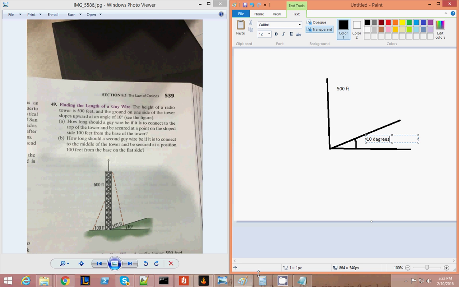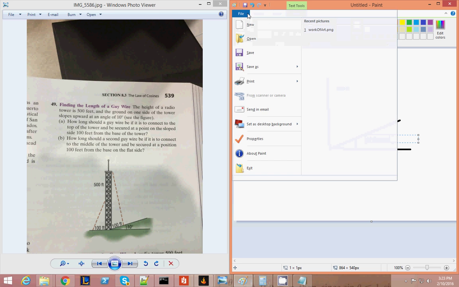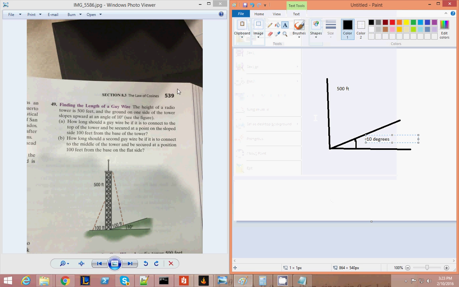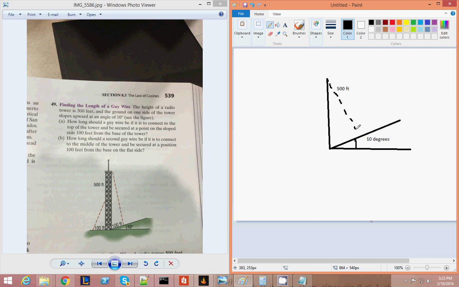So we have to figure out the wire has to come to, and right in here is 100 feet.